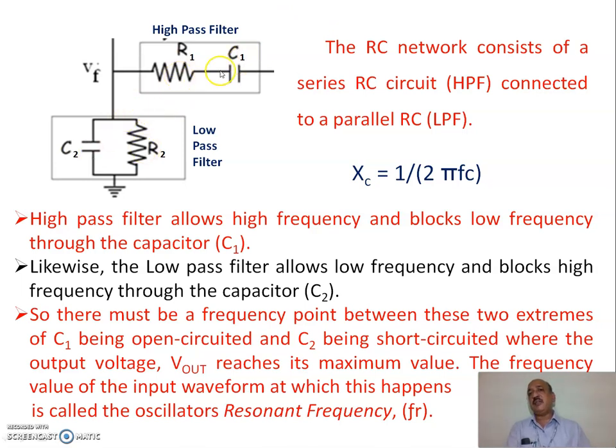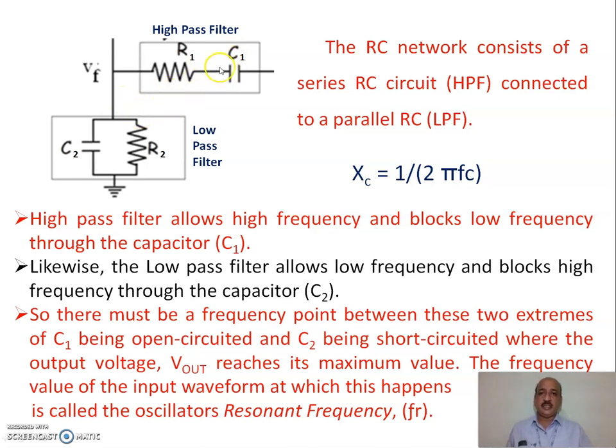R1 and C1, as they are connected in series, will act like a high pass filter. R2 and C2, which are connected in parallel, will act like a low pass filter. The RC network consists of a series RC high pass filter connected to a parallel RC low pass filter.